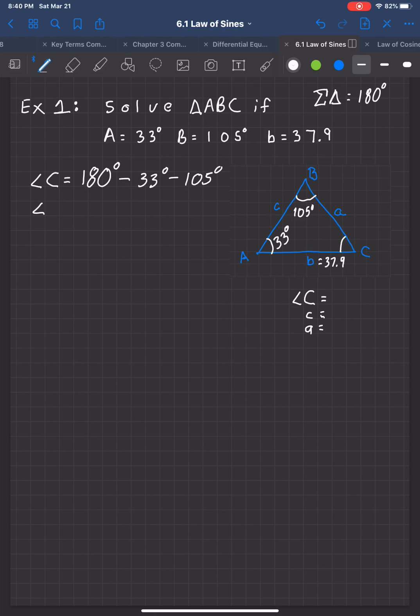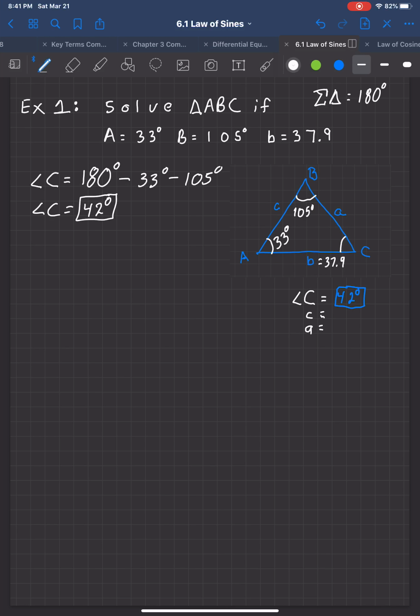So in this case, angle C is going to be equal to 42 degrees. Okay, and now I'm going to go ahead and write that here, 42 degrees.